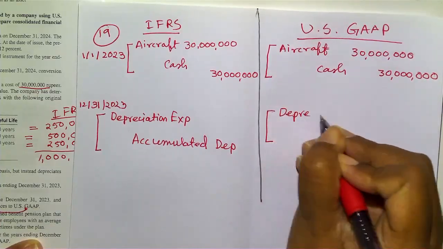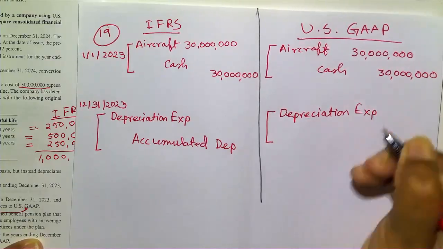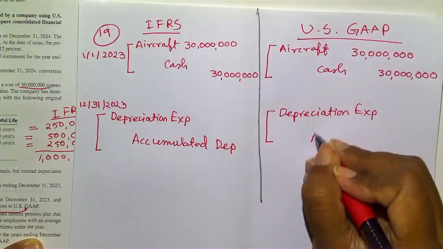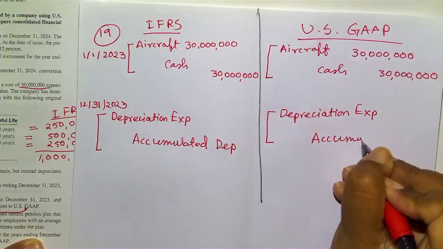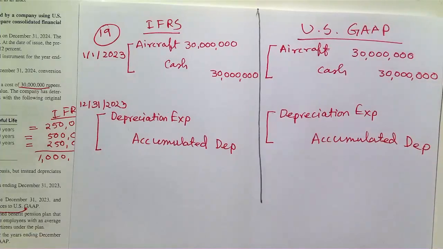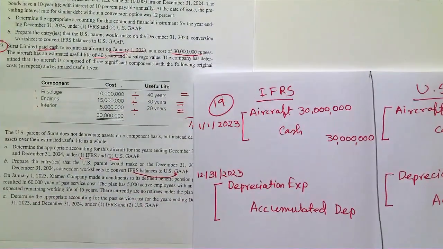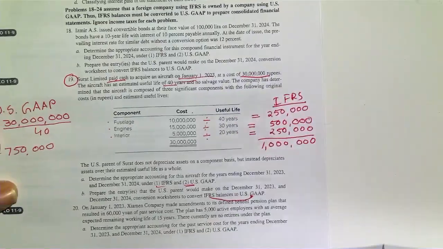Depreciation expense debit, and credit will be accumulated depreciation. Very good. Now who can tell me the number? You have this calculation sheet. What was the IFRS depreciation number? What was the GAAP depreciation number?